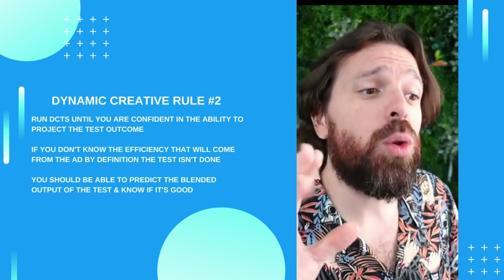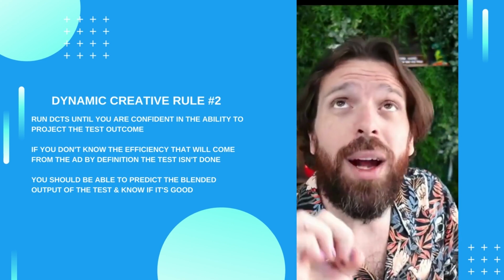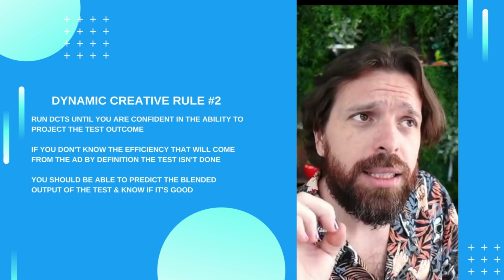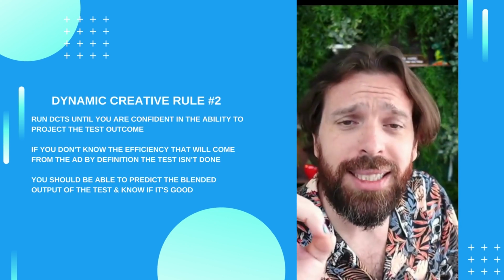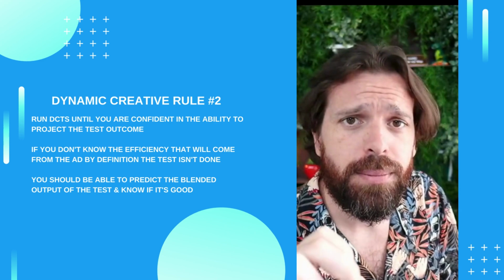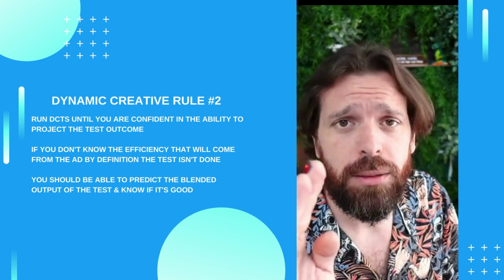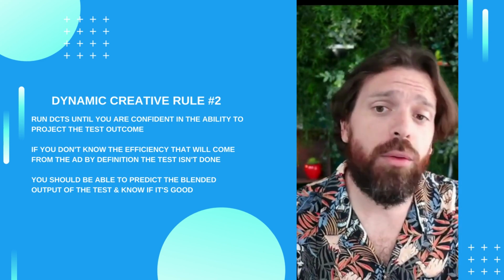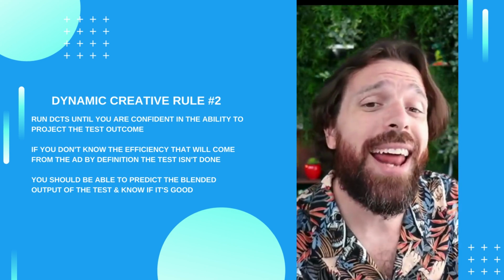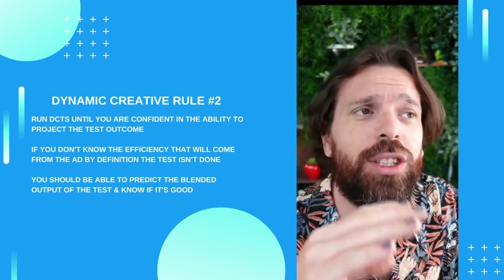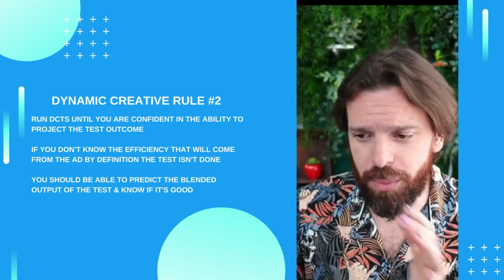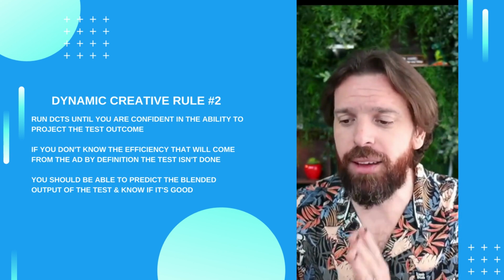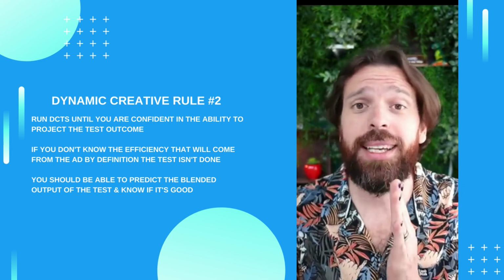Dynamic creative test rule number 2. Run DCTs until you are confident in the ability to project the test's outcome. This is vital. If you don't know the efficiency that will come from that ad, by definition, the test isn't done. Every test within the scientific method ultimately ends because you have a high level of confidence of, can you predict the outcome, yes or no?